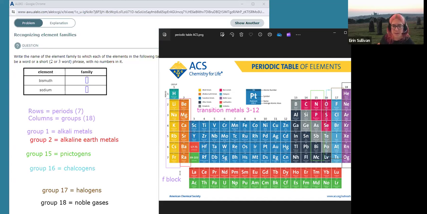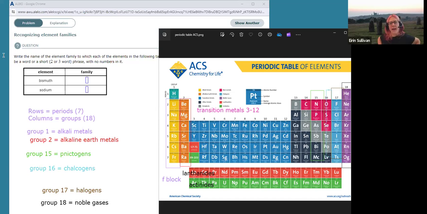So these are the lanthanides or the lanthanoids, and similarly these are the actinides. And actinium is one of my least favorite words to say.